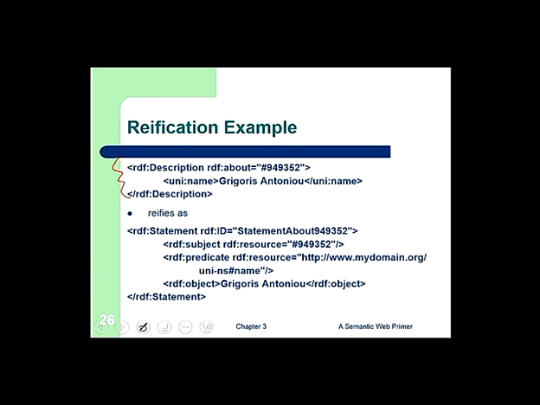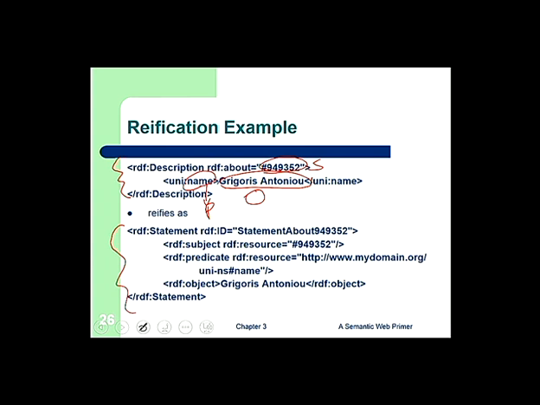Okay, so this is the subject, this is the predicate, the property, and this is the object. So I'm making a statement about a subject 949352, and the statement is the name of this resource is Gregorius Antonio. So now in reification over here, if you see, we have reified this statement.